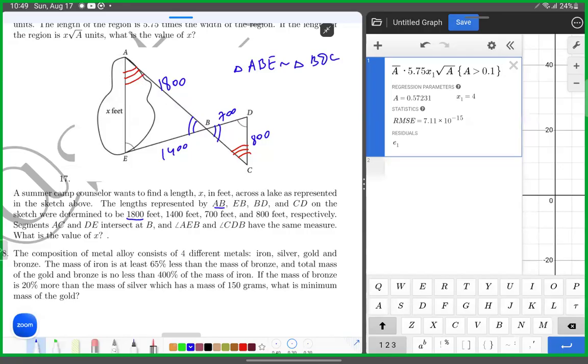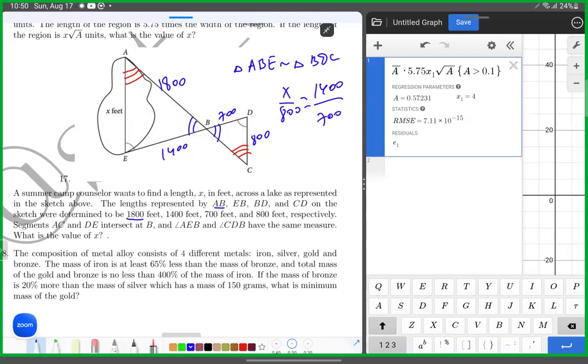Now we need to find x. When two triangles are similar, the ratios of corresponding sides are equal. So the side opposite this one is x, divided by the opposite side, 800, is equal to the opposite side, 1400, divided by the opposite side, 700.